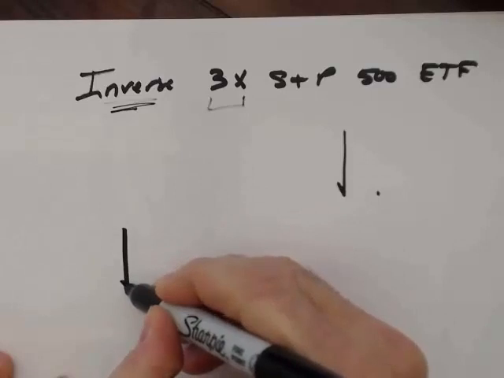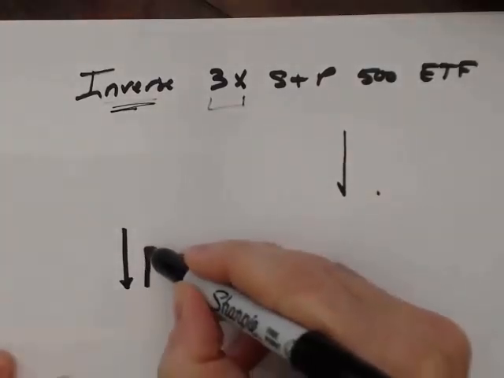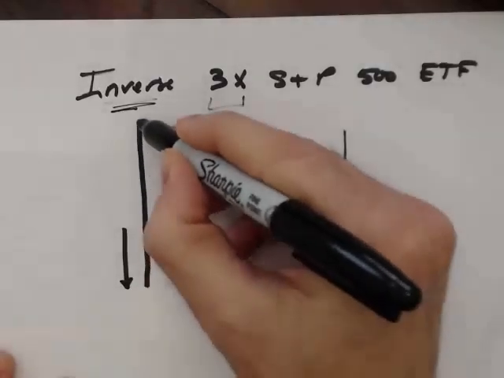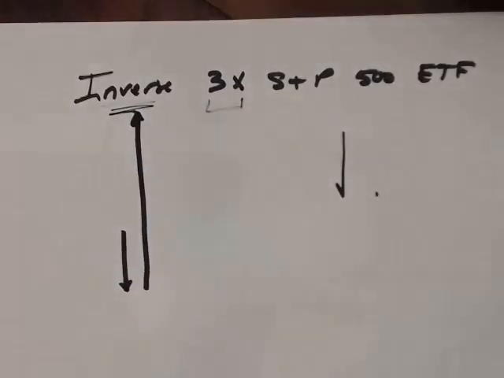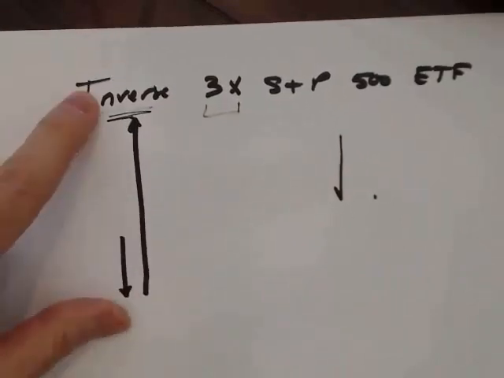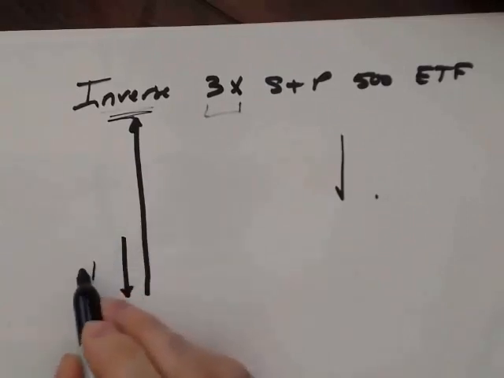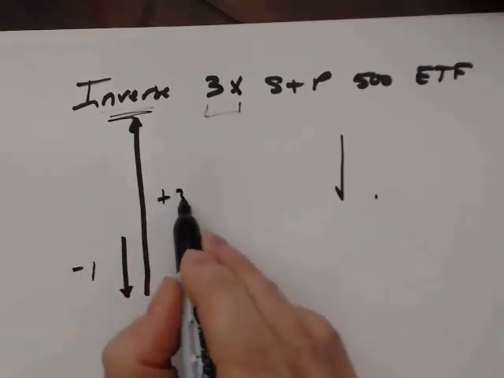If the S&P goes down by this amount, this inverse fund will go up 3 times that in the opposite direction. Okay, so if this is 1% down, then this will be plus 3% up.